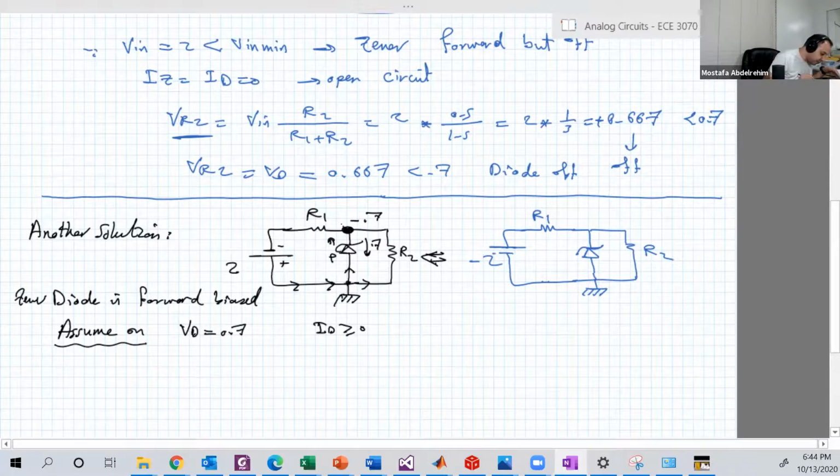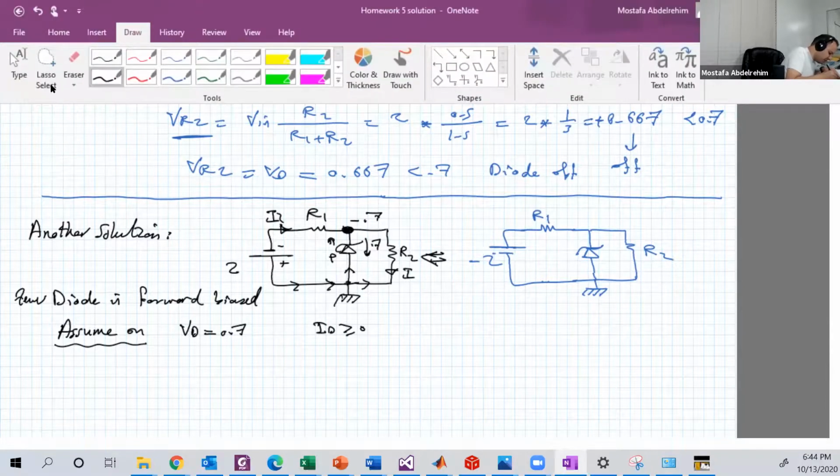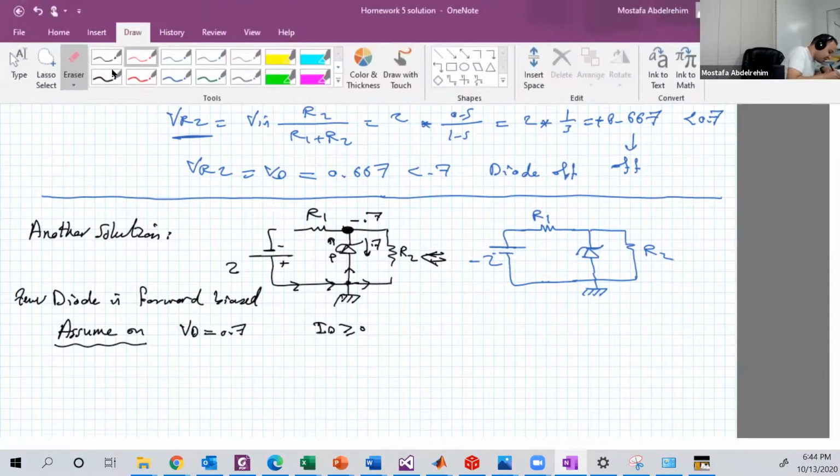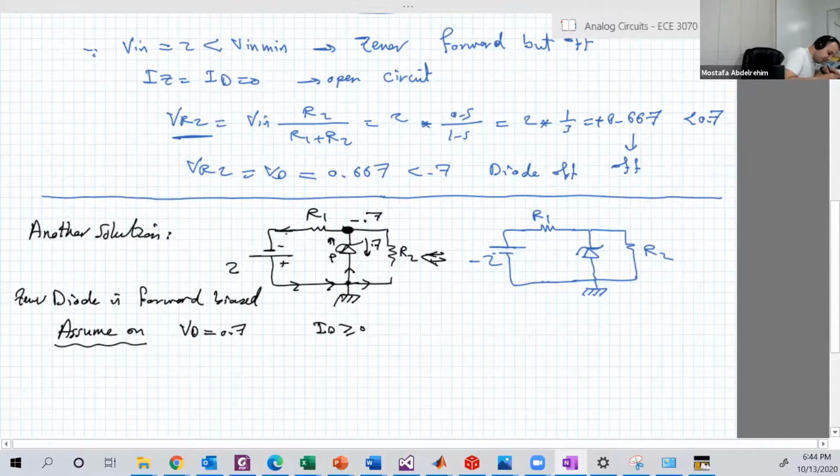Okay, so let's assume a current called I1, another current here called I2. Let's assume the opposite way, so as not to have negatives, because the battery will push current in that way. So this is I2, this is I1, and here we have ID.